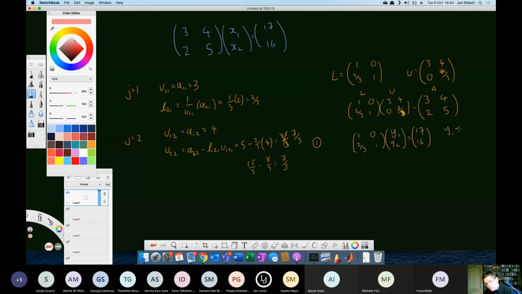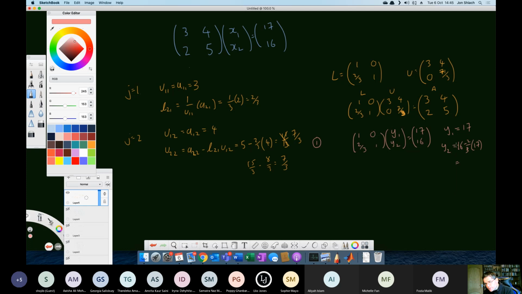This is quite easy. So y1 is just going to be 17. y2 is going to be 16 minus 2/3 times 17.